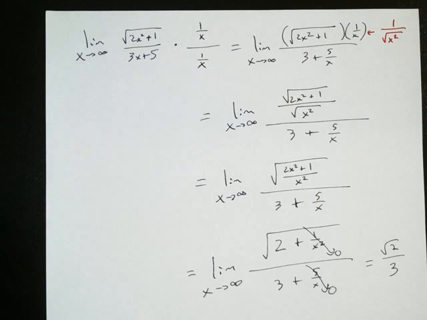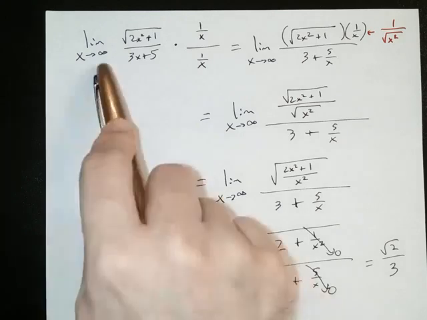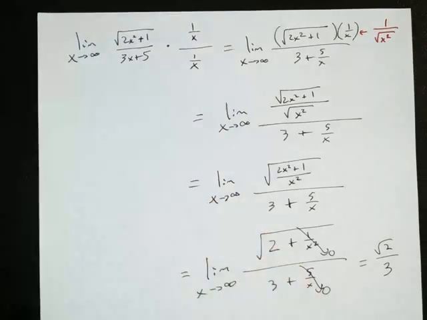Problem. A big problem, a little problem. This is what happens as we go to the right. This is not a rational function, which means I'm not guaranteed that what happens on the right is the same as what happens on the left.